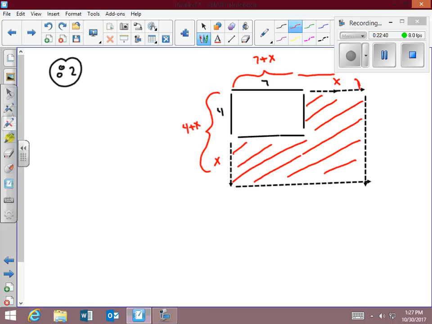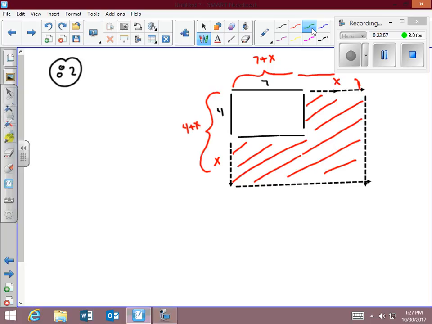It's increased by that much. So this is what a formula would be, the way you could figure it out.